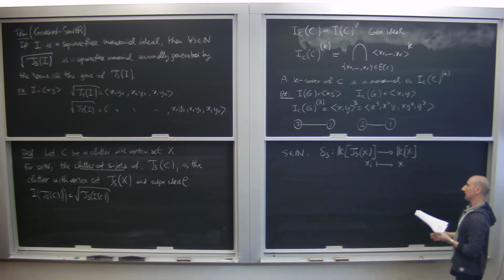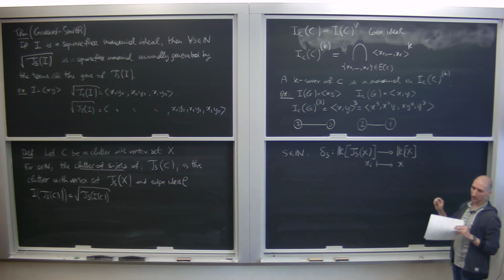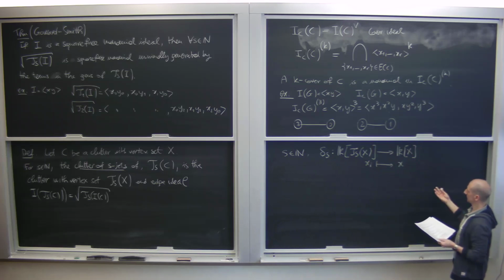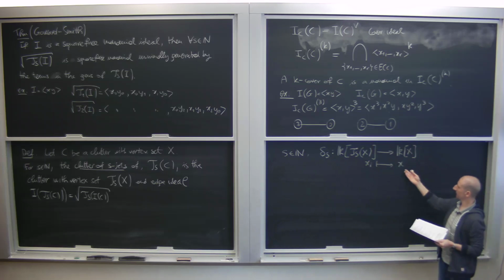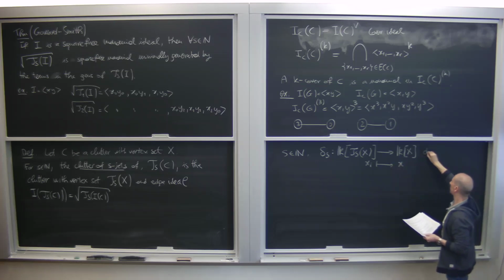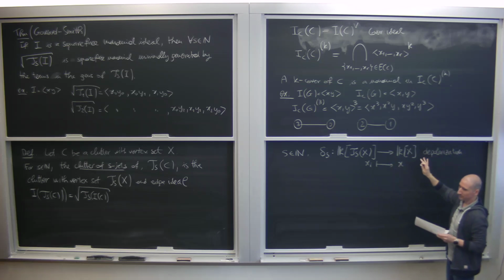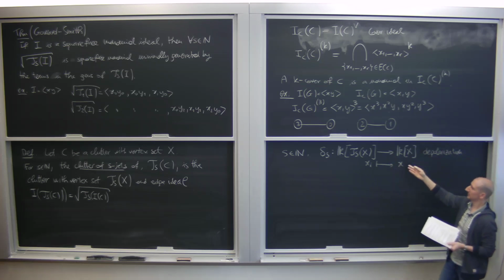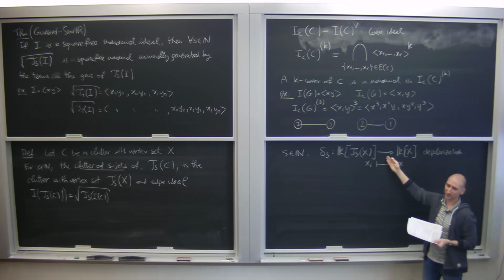And in a sense, the opposite of this map will be familiar to people that work with monomial ideals. If you have a variable x, you can replace it by a bunch of variables, x0, x1, x2, x3, and that's what you call polarization. So I call this map depolarization. It's not like I want to be different and I don't want to use polarization, but this is the advantage of being a ring homomorphism.